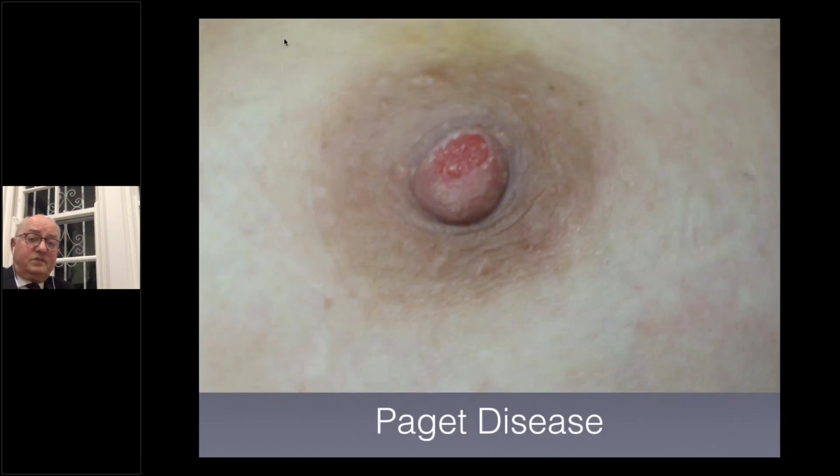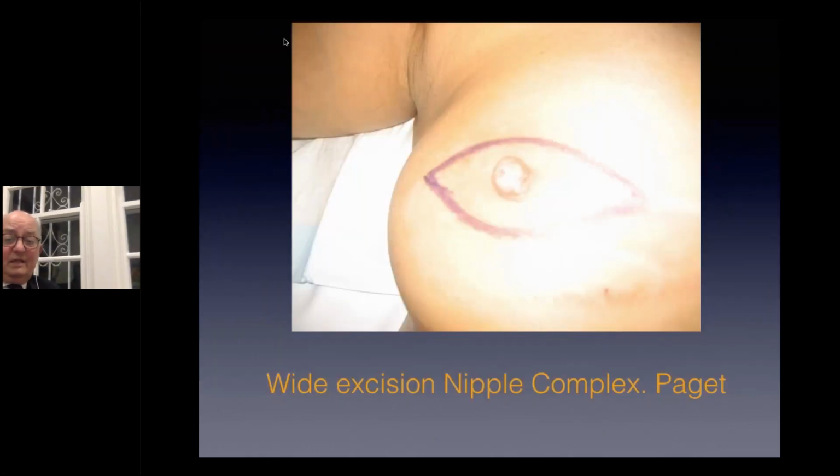If we do have Paget's disease and we've investigated it, and the only finding we've got is Paget's on the nipple, which will need a biopsy to confirm, and there are no other intramammary lesions that require assessment, then we can usually manage this like a DCIS situation with wide excision. In this situation, we tend to excise the nipple areola complex, and the patient is left with a transverse scar over an otherwise normal breast, and that can actually be reconstructed in the future should they so wish.